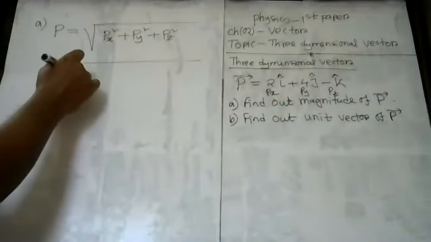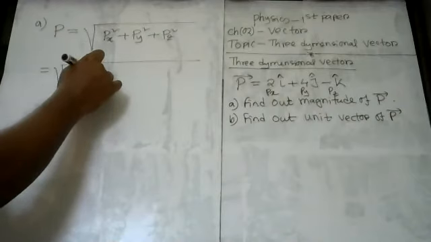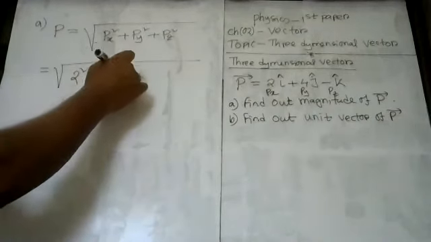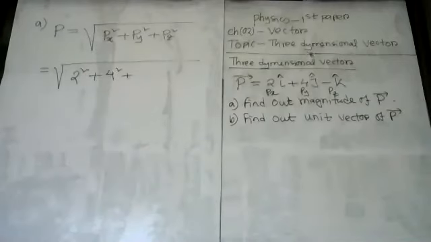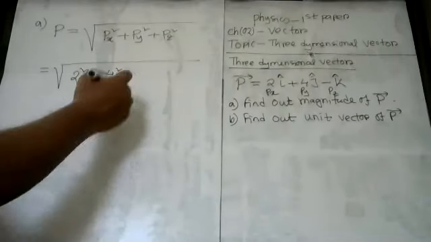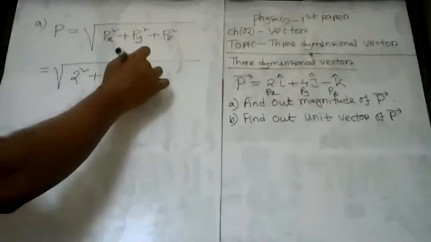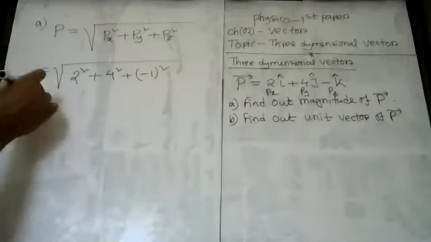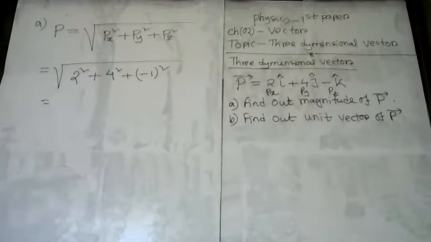So you can say that here px equal to 2 square plus py will equal to 4 square, and pz will equal to minus 1 whole square. Now find out the magnitude of this 3D vector.